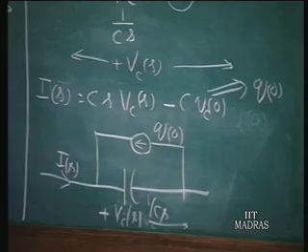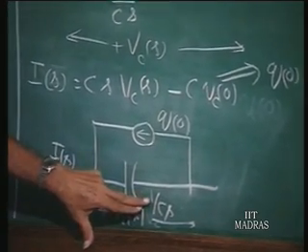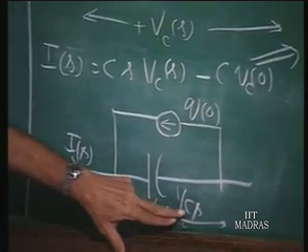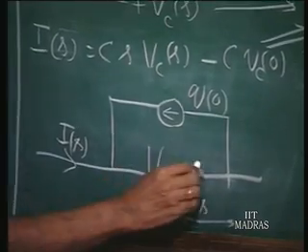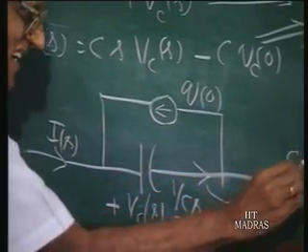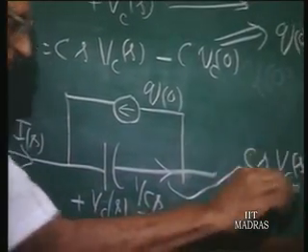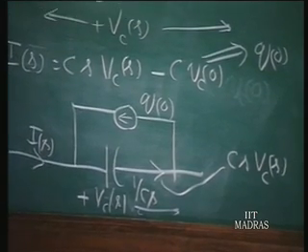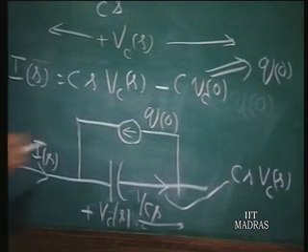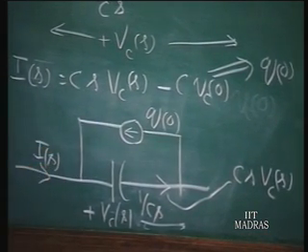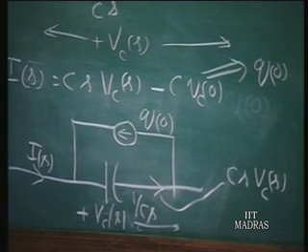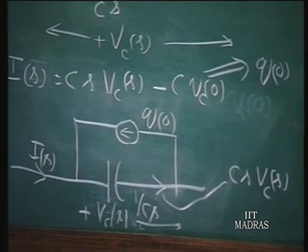So a voltage Vc(s) occurring across an impedance 1 over Cs will have a current here which is Cs times Vc(s). So that Cs times Vc(s) minus Q0 is the total terminal current I(s). So this is a circuit representation of the capacitor in the transform domain.